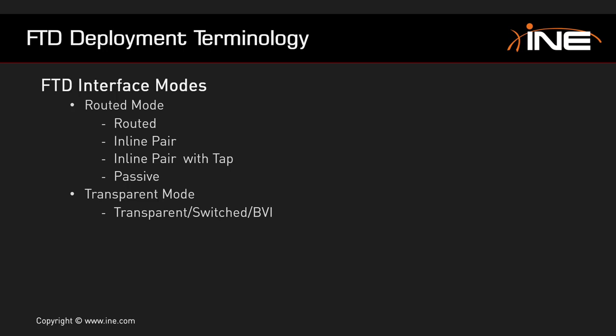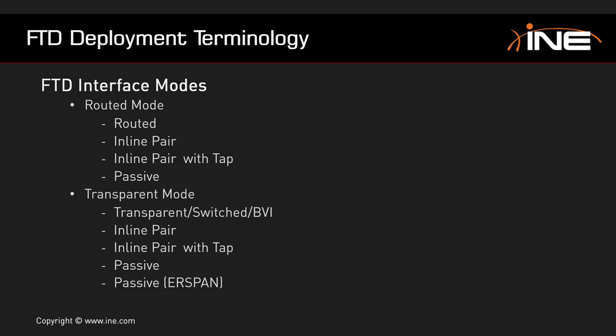Which option you will see in the GUI depends on the platform that you use. We can still go for the next generation IPS interface modes: inline pair, inline pair with tap, passive, and passive with ERSPAN. This was not available in the routed firewall mode.